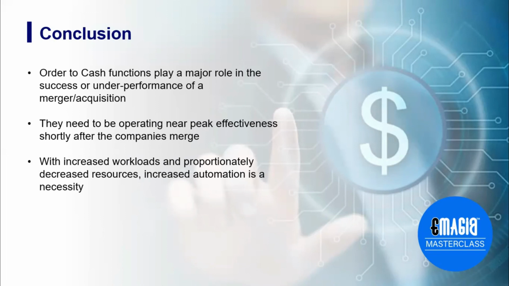They need to be up and running very well, very quickly. And when you think of the post-combination environment, many of your O2C departments are going to have vastly increased workloads and proportionally decreased resources. And to our way of thinking, that makes automation an absolute necessity.